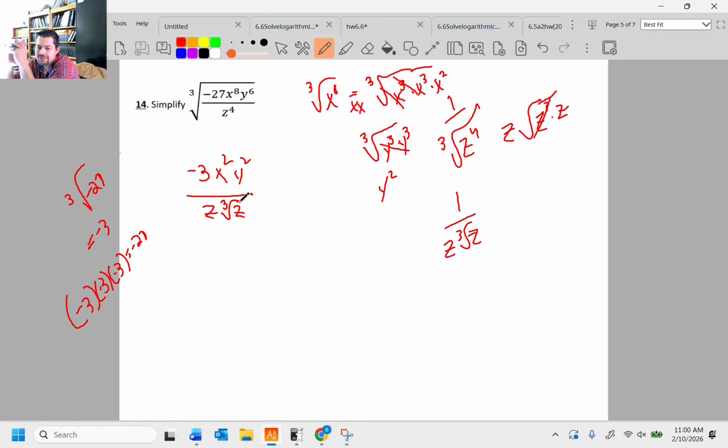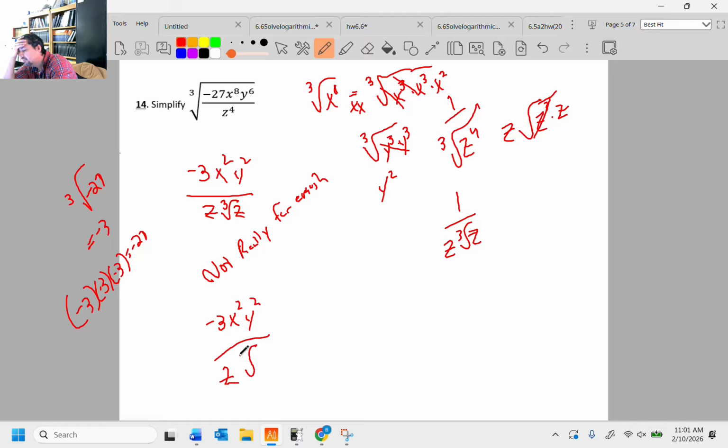It's not technically right. This is not really far enough. What you're supposed to do is not have a radical in the denominator. So to fix that up, we're going to multiply the numerator and denominator by the cubic root of z squared, because that's going to give me a z cubed down low.